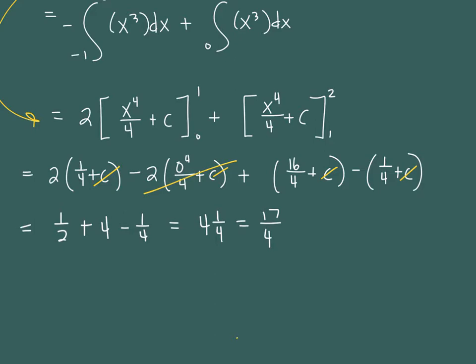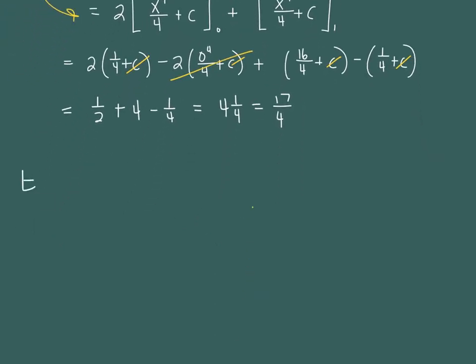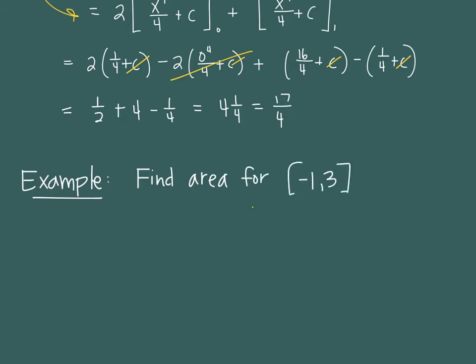Okay, another thing that you would use multiple integrals for is a piecewise function. So if you want to find the area for the integral from -1 to 3, the function may be defined in separate pieces.